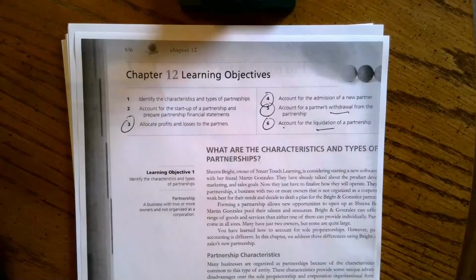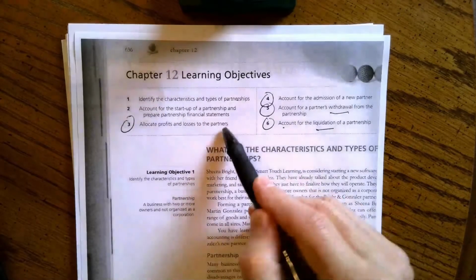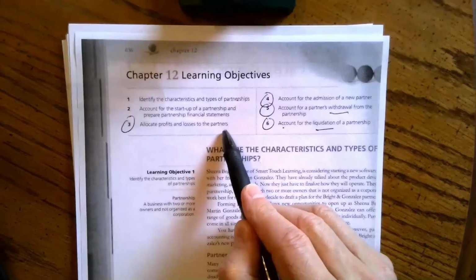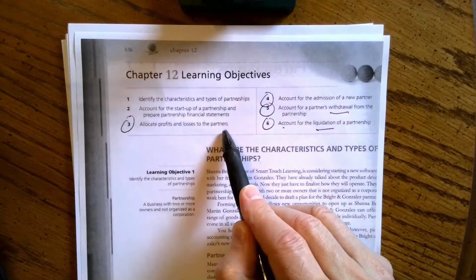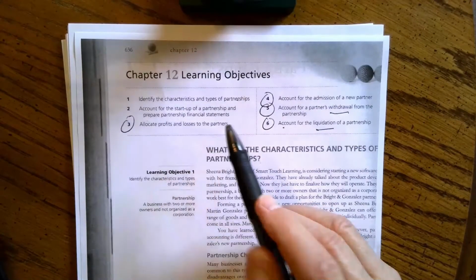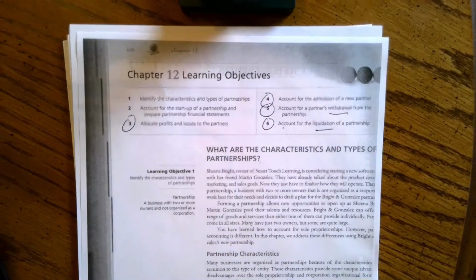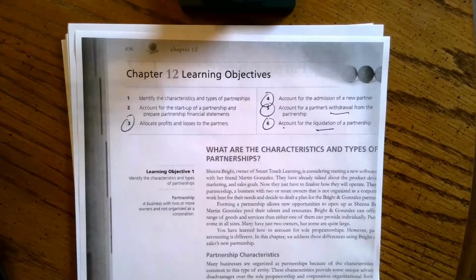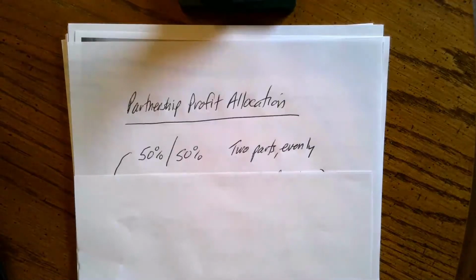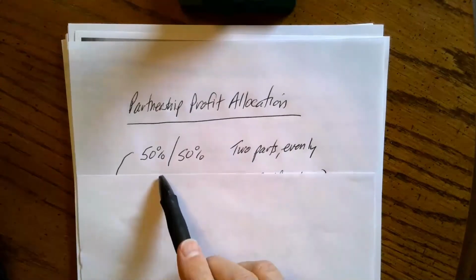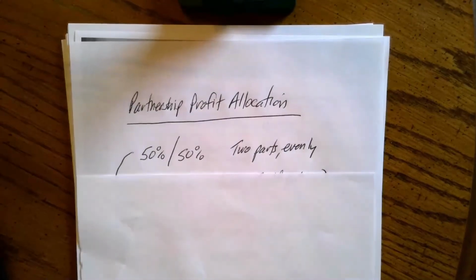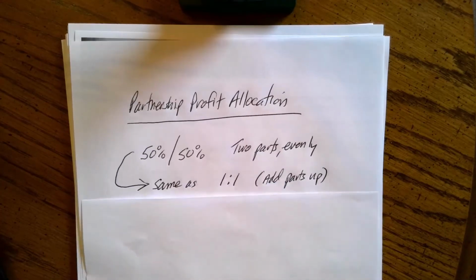Let's begin to look at the decisions a partnership has to make, for instance, allocation of profits and losses. So a partnership agreement must specify how the partners will split profits. For example, let's say two partners, 50-50 split of profits. Another way that could be stated, by the way, is 1-to-1.